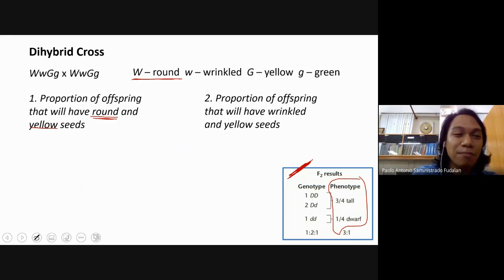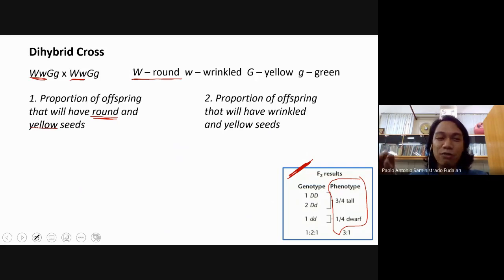If you look at the composition of the alleles here, big W, small w, for both parents, it very much follows the monohybrid cross. So phenotypically, what proportion will come up as round if you have this cross? You go back here to the bottom right.